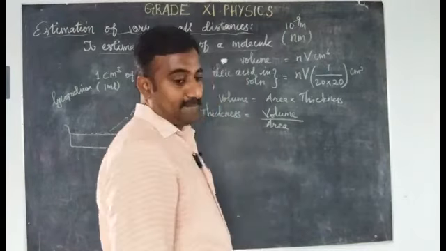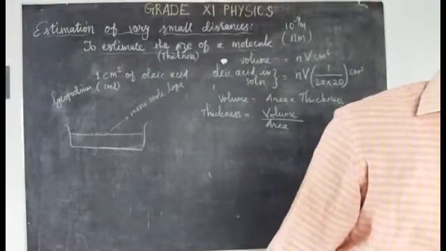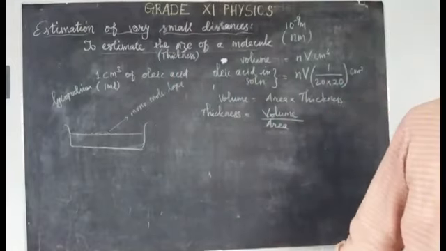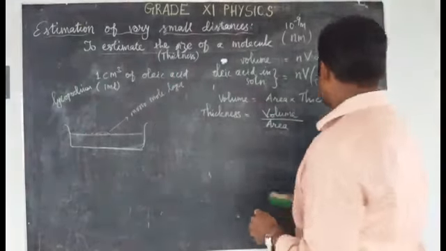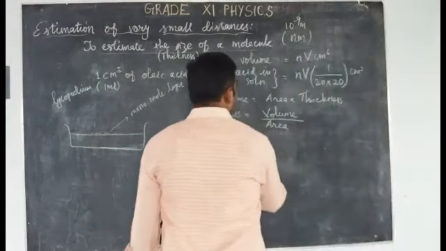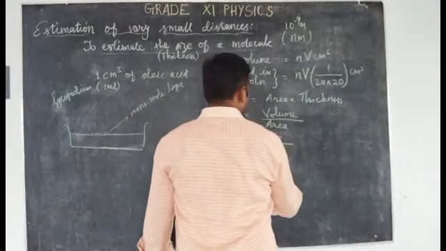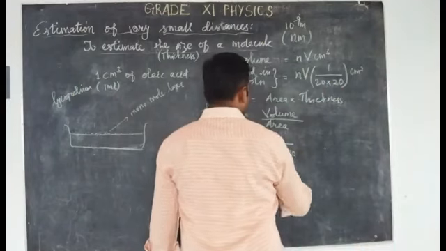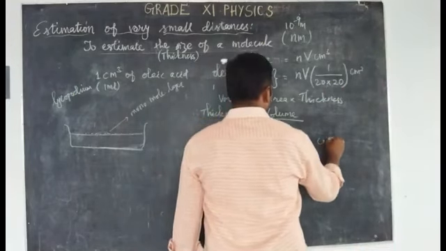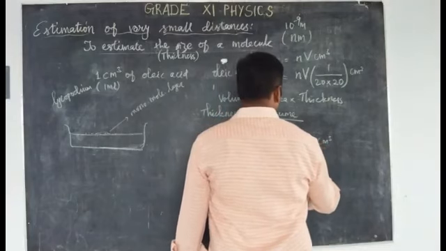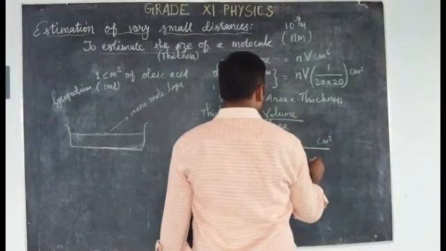What is the volume? Already we know the volume. Then volume is NV divided by 20 into 20 centimeter cube divided by area, no?